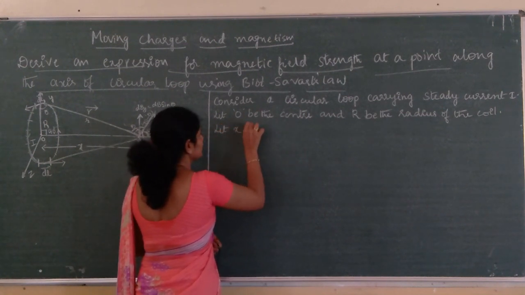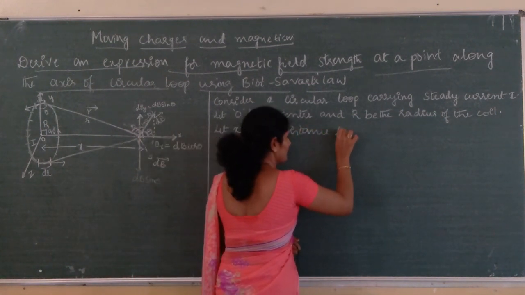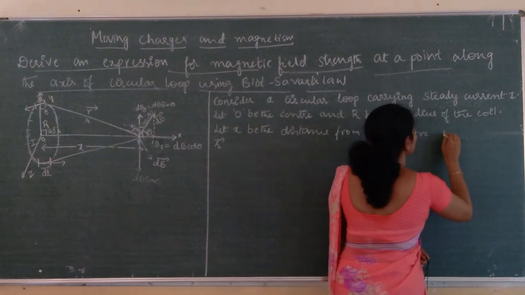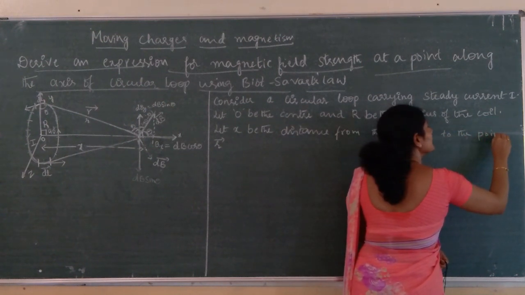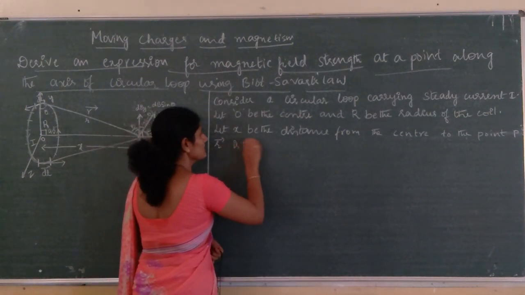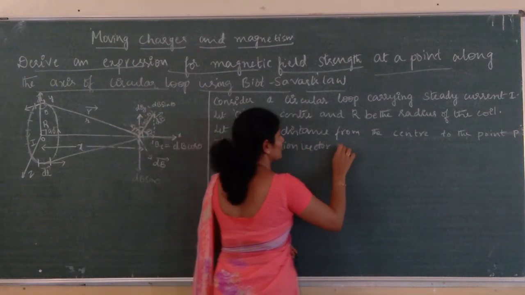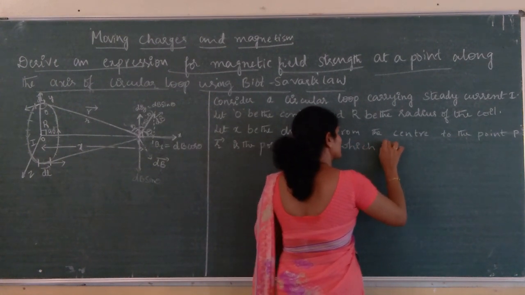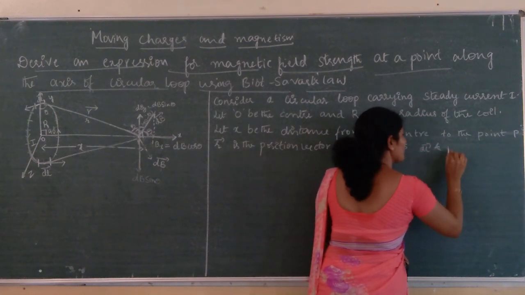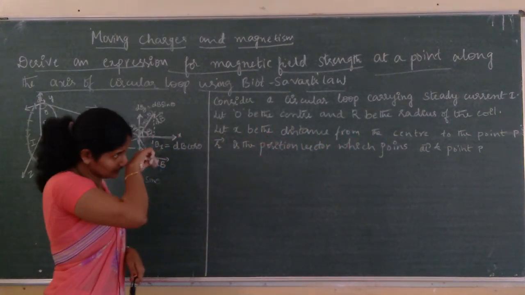Let x be the distance from center to the point P. The r vector is the position vector which joins the dl vector and point P, right.